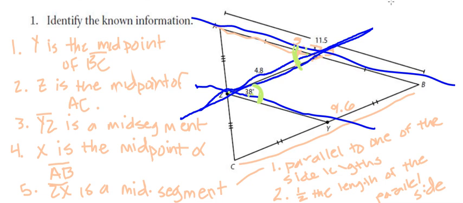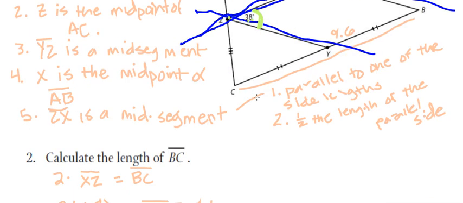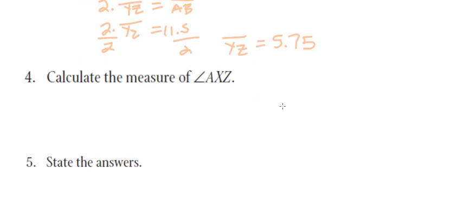So these are alternate interior angles. Because these are alternate interior angles, the missing angle AXZ is going to be congruent to that angle there. So AXZ is going to be 38 degrees because of alternate interior angles.